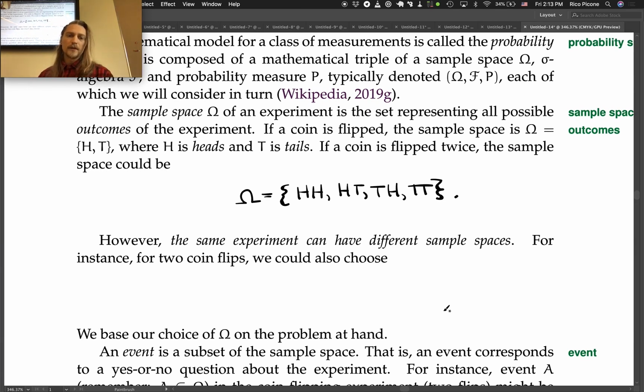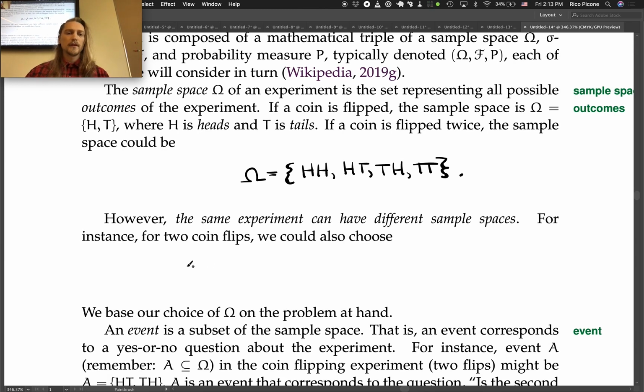For instance, for two coin flips, we could also choose omega equals the flips are the same, and the flips are different.